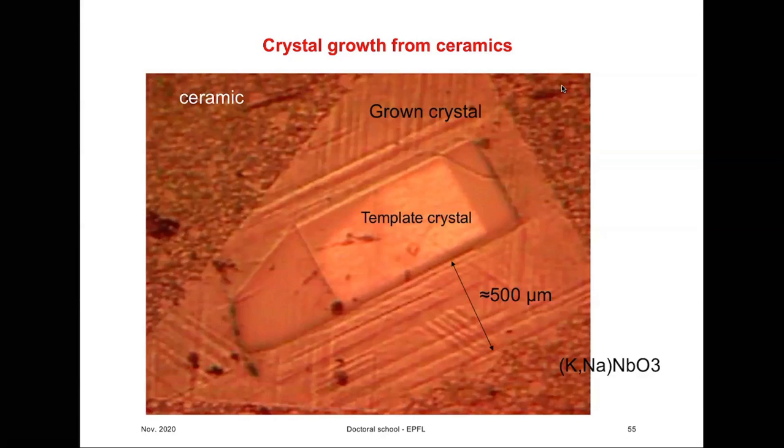So you see that after some time, in the crystal grown out of ceramics, the grains are fused and then they reorient and start growing in directions dictated by this crystal. You see here domains and the grain boundaries more or less disappearing.